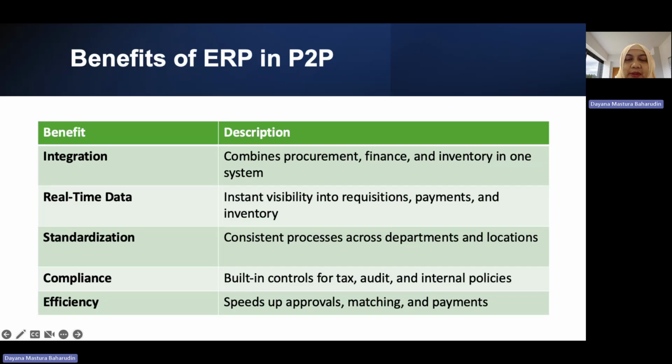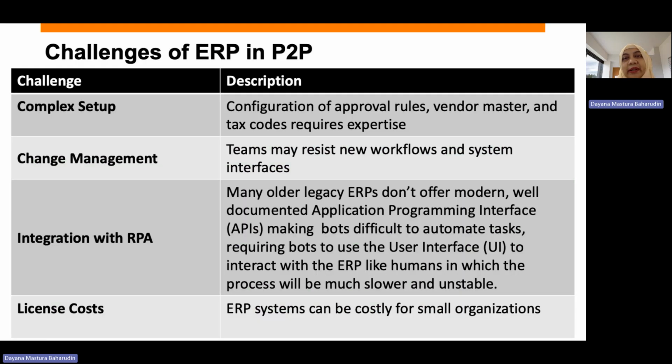Standardization: consistent processes across departments and locations. Compliance: built-in controls for tax, audit, and internal policies. And efficiency: speeding up approvals, matching, and payments. Amazing. Okay, you can imagine ERP is such an amazing platform, even without the bots. But nowadays, everything needs to be automated. So the ERP must be automated as well.